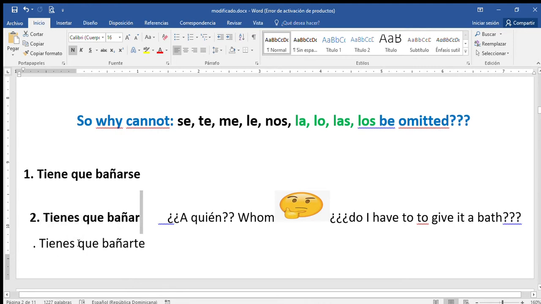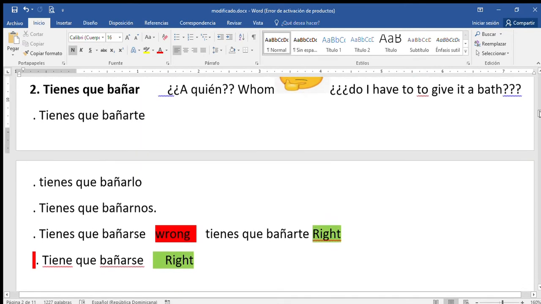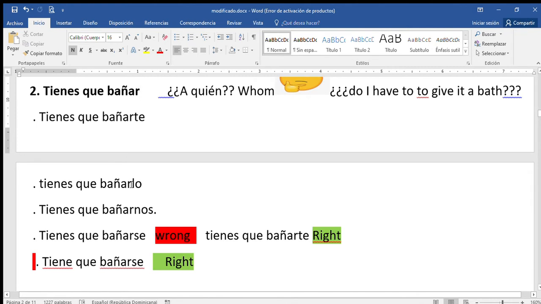Now when you say "tienes que bañarte," it's saying tú tienes que bañarte, you have to take a bath. It won't make sense if you don't have a pronoun right here. So you have to have something right here.